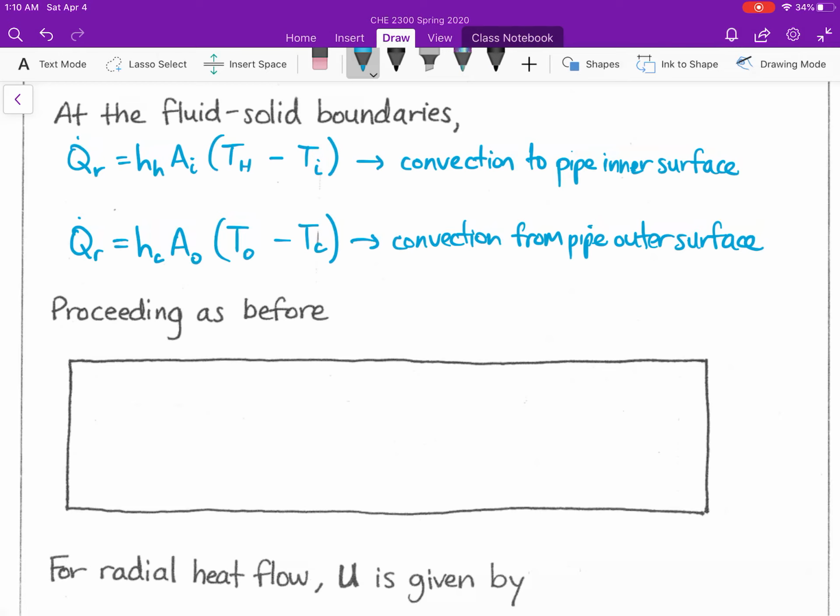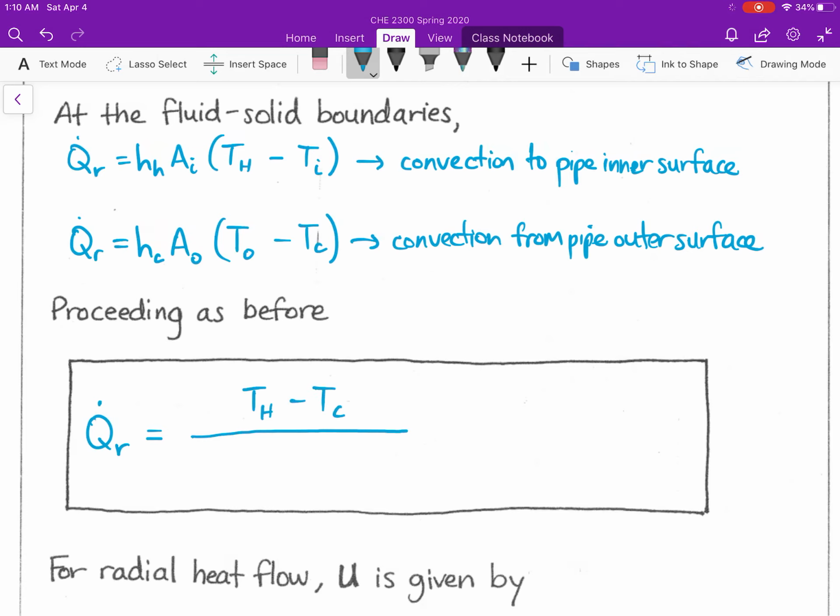Proceeding as before, we can take all of those terms, add them together, and we get a final equation which describes the heat flow through that pipe.